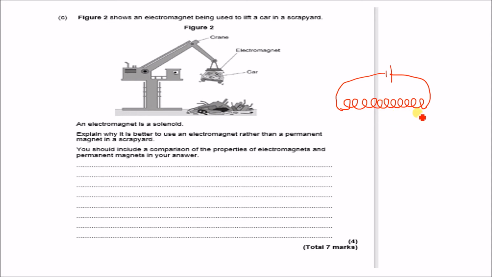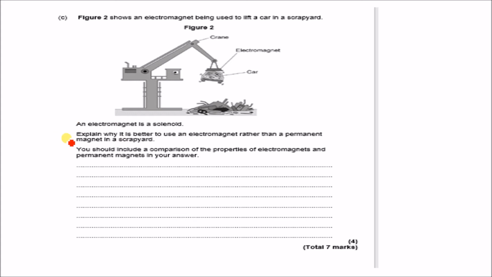As soon as a current flows from the positive to the negative, we get a magnetic field, and that magnetic field, remember, acts as a bar magnet, and it goes something like that. Okay, so you have to be able to draw this field around a solenoid or a bar magnet.